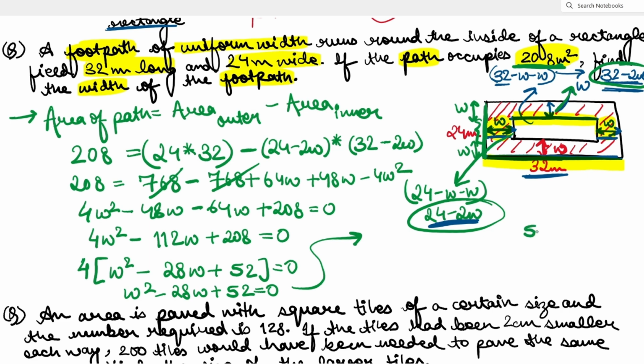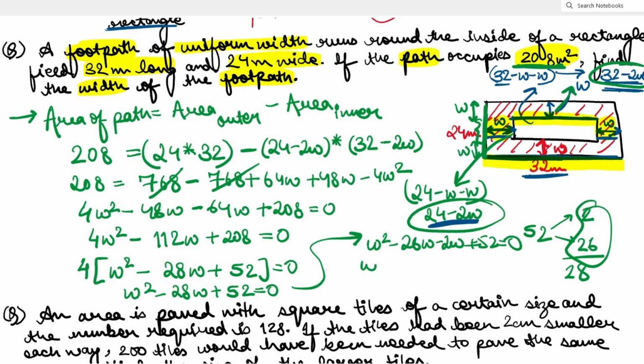We'll take 52 and divide it into two parts, 2 and 26. If you add these both, you get 28. So you get W square minus 26W minus 2W plus 52 is equal to 0. Then W into W minus 26 minus 2 into W minus 26 is equal to 0. So you get W minus 2 and W minus 26 is equal to 0.